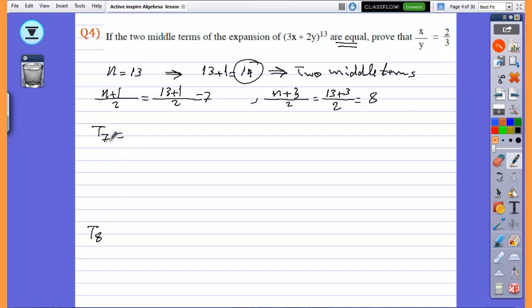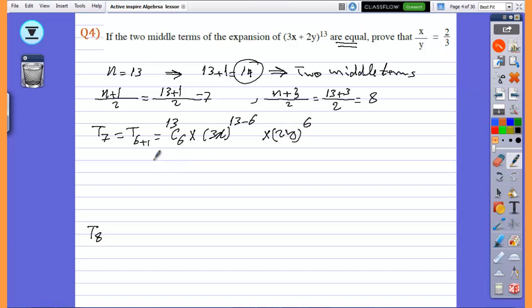T7 equals T6 plus 1, which equals nCr, 13C6 multiplied by the first term power the difference 13 minus 6, multiplied by 2y power r itself, power 6.